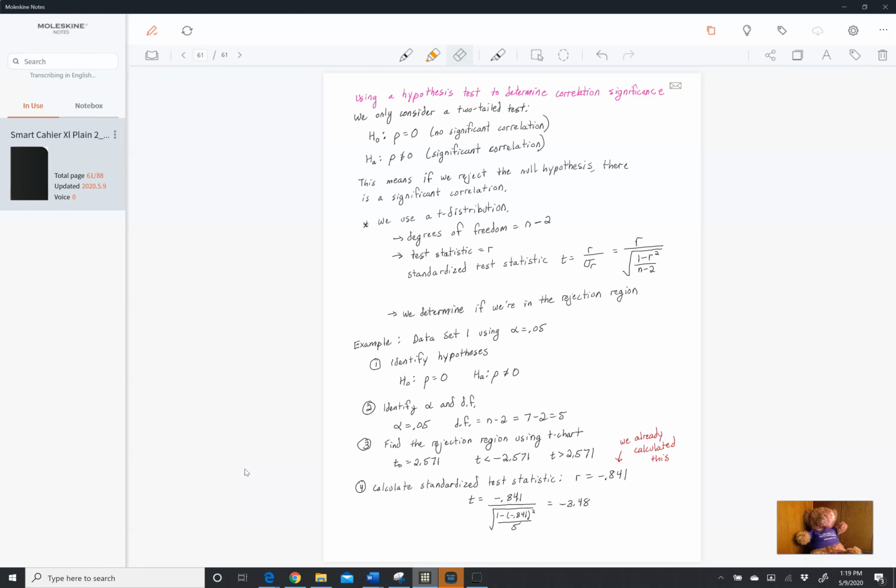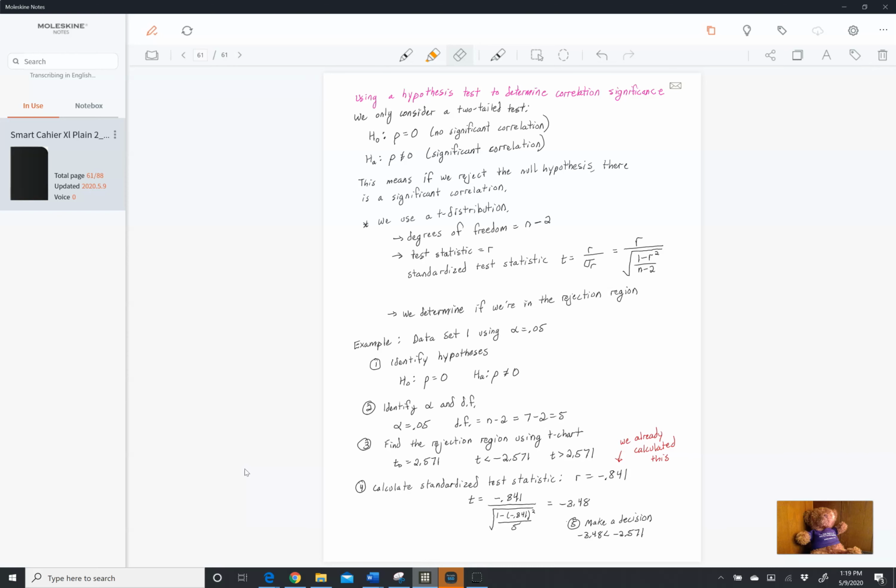Okay, so now number 5, make a decision. Negative 3.48 is less than negative 2.571. Okay, it is less than. So what's our decision? We reject the null hypothesis.